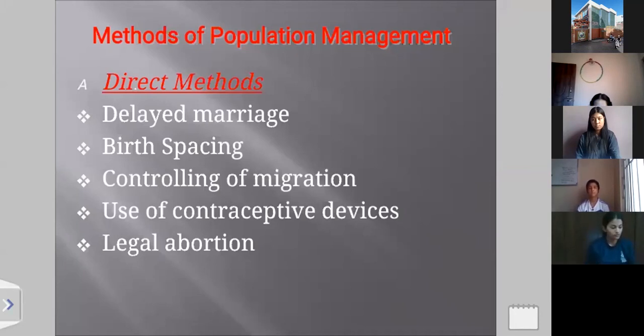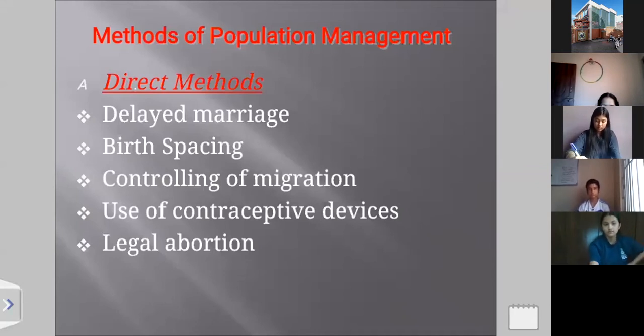And legal abortion is also one of the direct methods of population management, because abortion is directly linked: to abort means to end the pregnancy. To end the pregnancy directly reduces the birth rate.